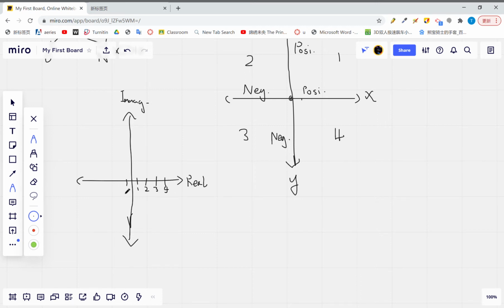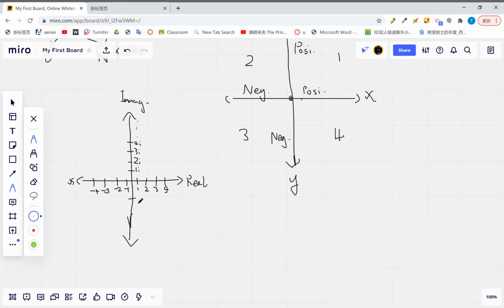This is negative 1, negative 2, negative 3, negative 4. The x-axis is the same, but then the y-axis becomes 1i, 2i, 3i, 4i, and it goes on forever.